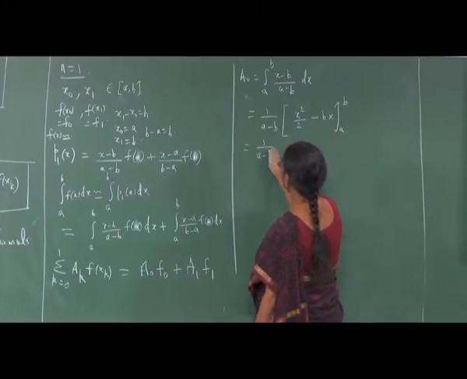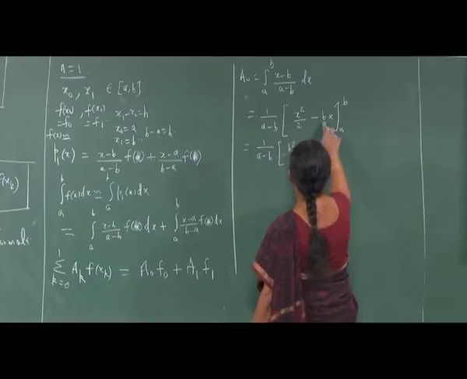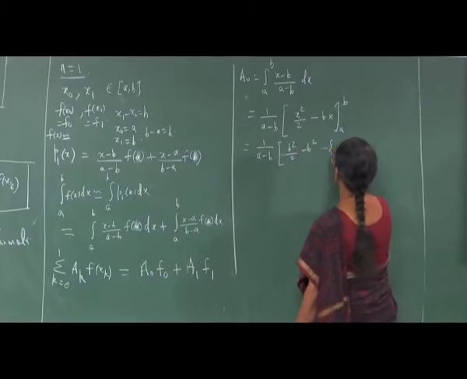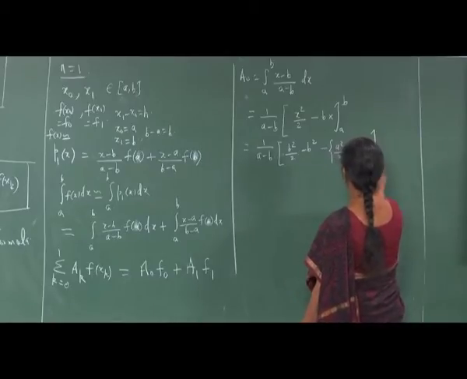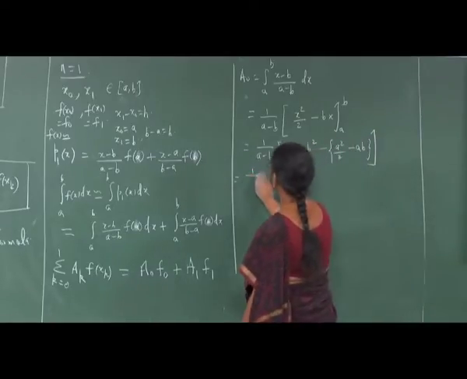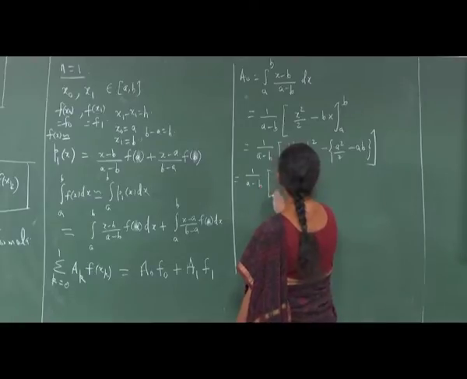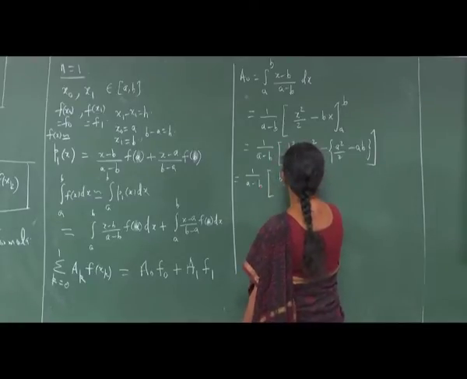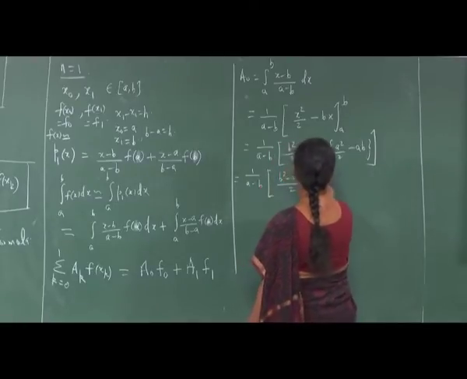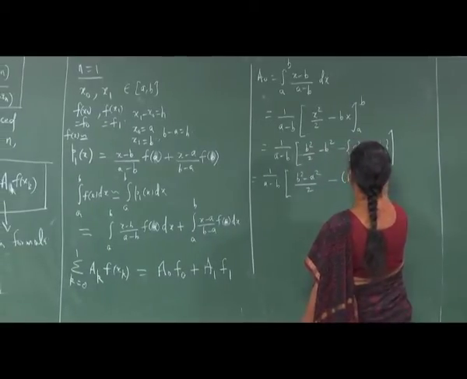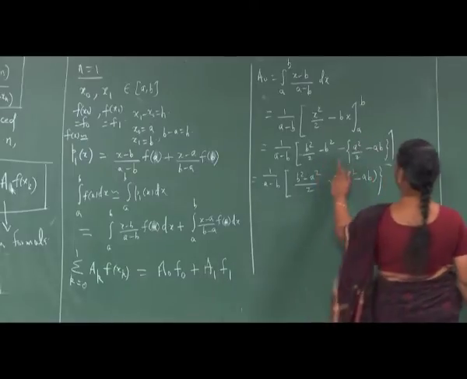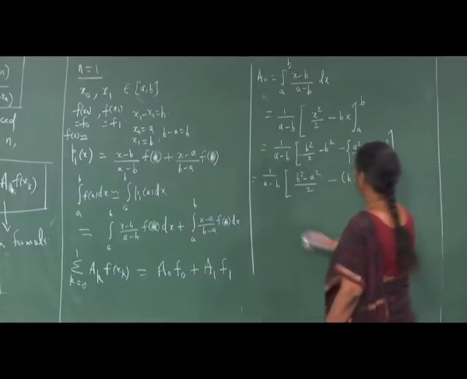So that will give you 1 by a minus b into b square by 2 minus a square by 2 minus b into b minus a.